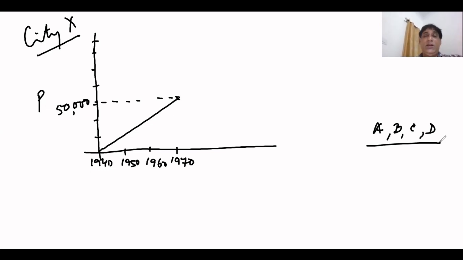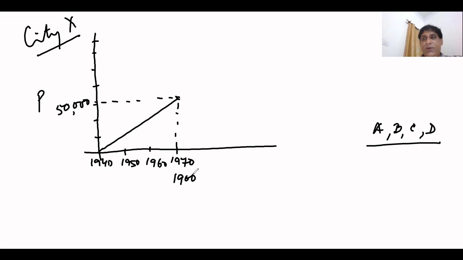That means it is anticipated that probably the population of city X would be just the same as these 4 cities. Now say at 1970, the population of city A was 50,000 in 1900, right?